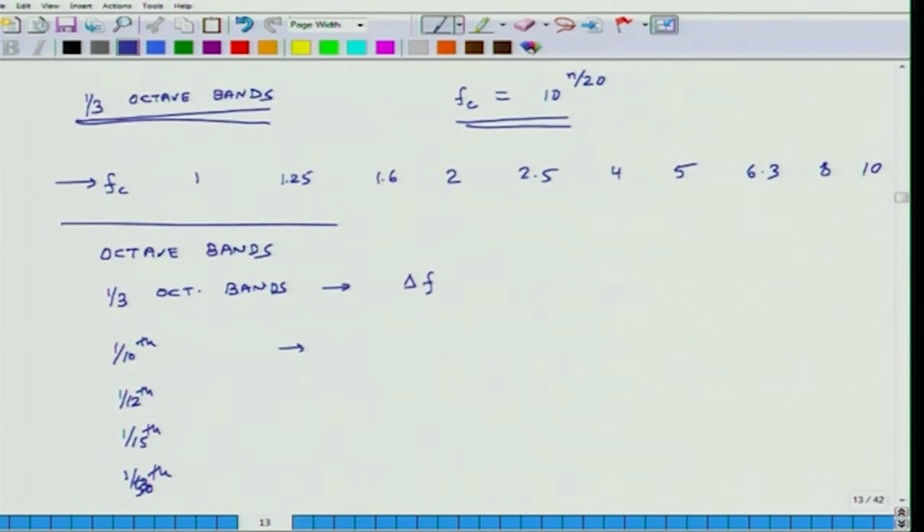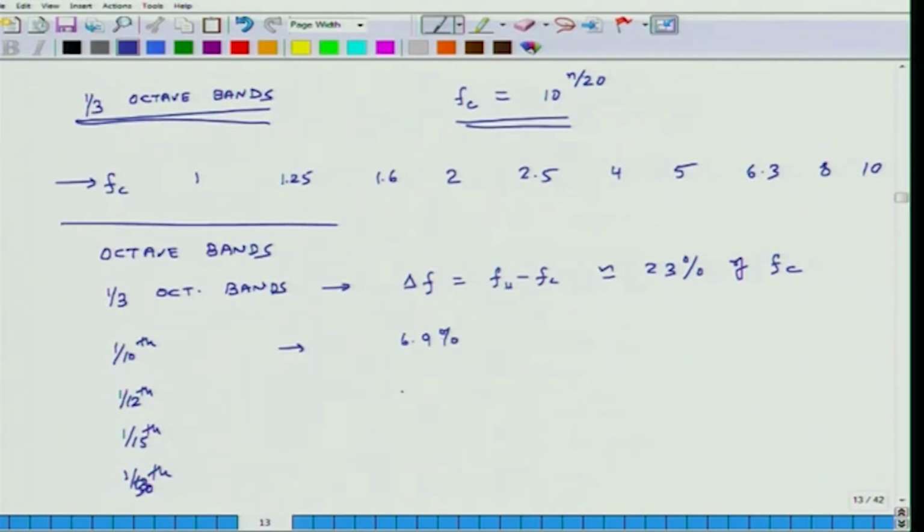Now in the 1/3 octave band, what is delta F? It is the difference between F U minus FC. That is delta F. This is approximately equal to 23% of FC. If you do the calculation, you will find that it is about 23% of FC. For the 1/10 band, this number is about 6.9%.